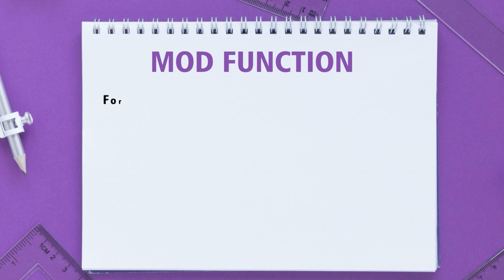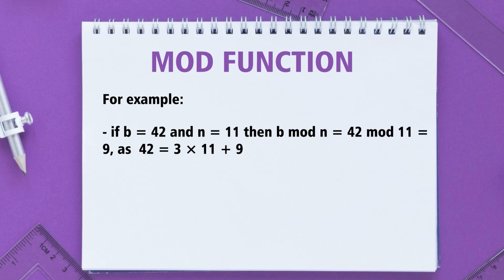There are several examples given over here. Suppose b is 42 and n is 11, then 42 mod 11 is going to be 9, as 42 can be represented with k being 3 in this particular case, 11 threes are 33.